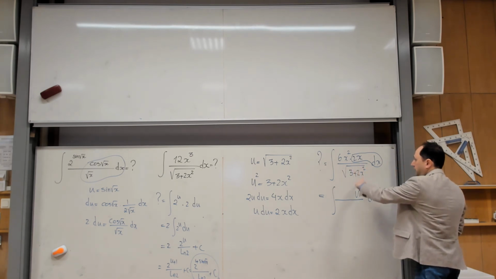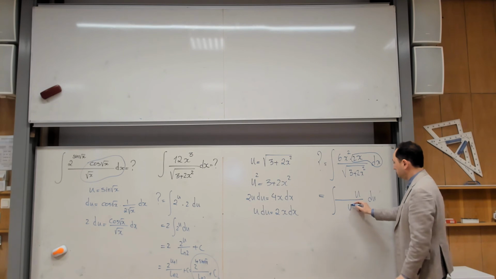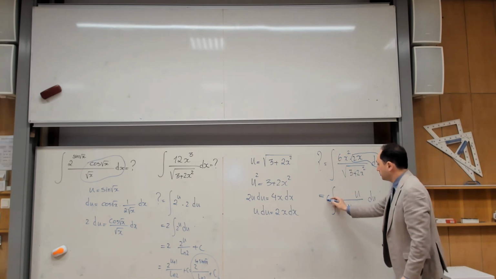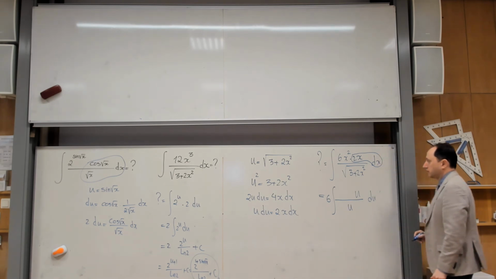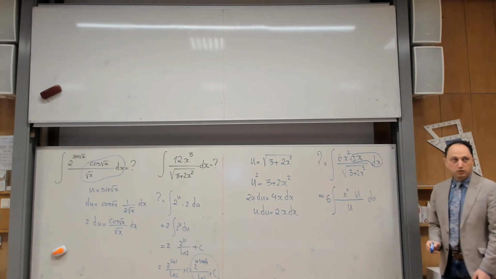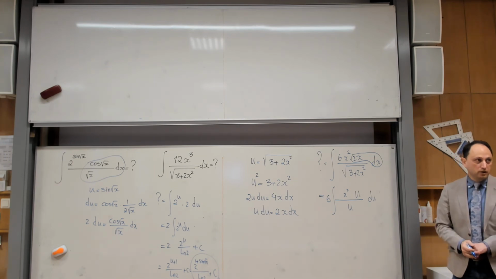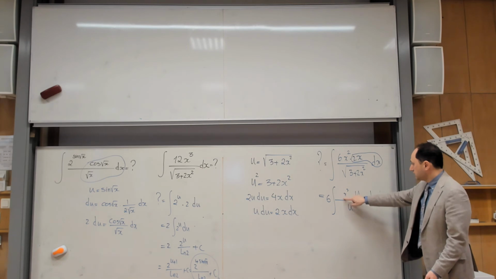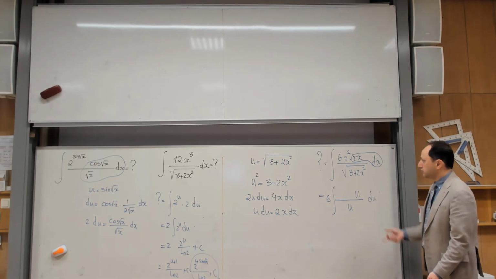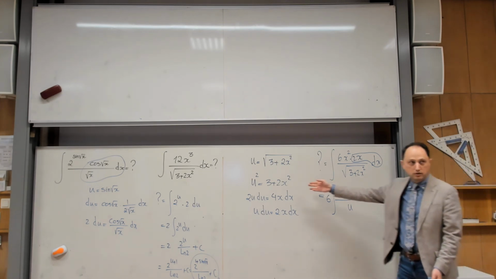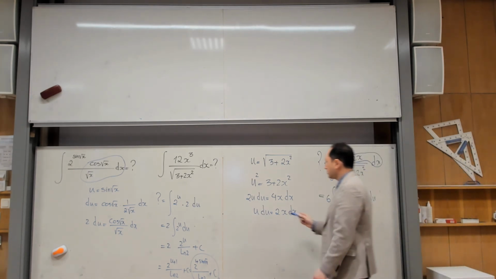Instead of the denominator, I put just u. Instead of 6, I just simply write 6, or if you want to, I can move 6 out. That's a constant. But what can I do? I cannot write x squared here, because then it would be a mixture of variables. I want to get rid of all x's. So there's only one x left for me. So what should I do? From here, yes? Exactly. You calculate x squared from here.